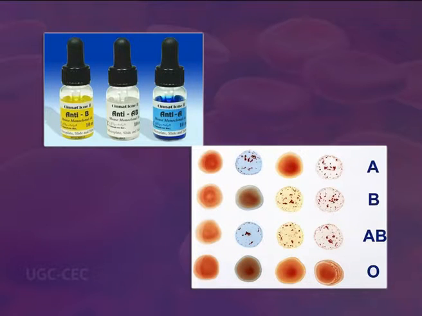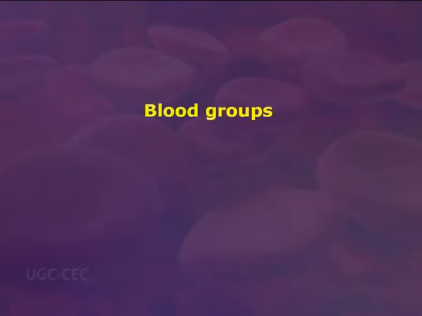When the monoclonal antibodies are added one by one to wells that contain the test sample, that is blood from a patient, if the RBCs in that particular sample carry the corresponding antigen, clumps can be observed. The forward typing antigen-antibody reaction results in visible agglutination of the red blood cells, determining the blood groups A and B and AB.